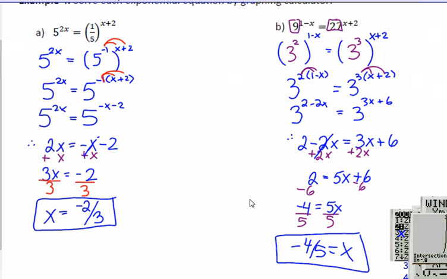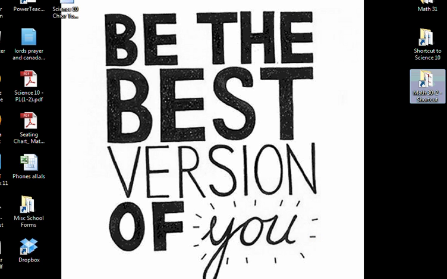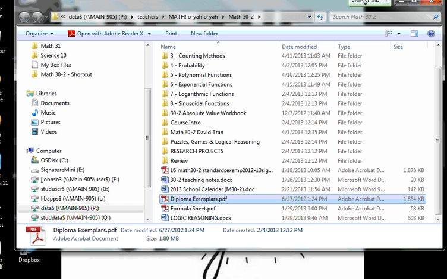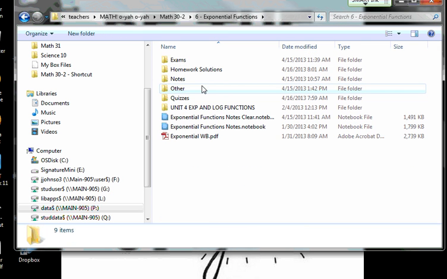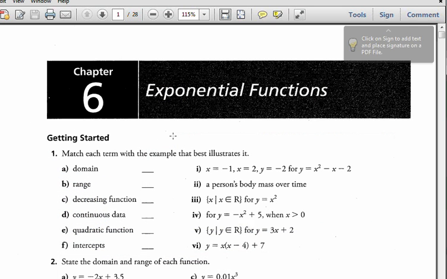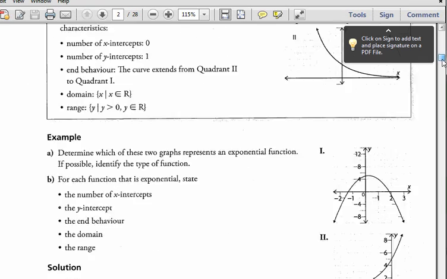Okay? All right, so that's it for today's lesson. I'm going to show you what your homework is for today. Okay, homework. See, we are in the exponential workbook. So what page are we on for 6.3? 148.